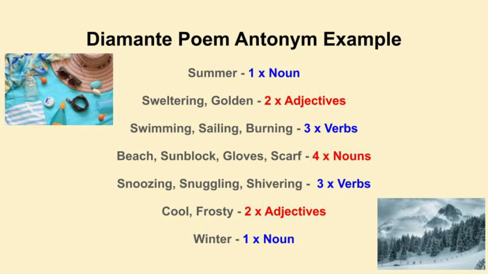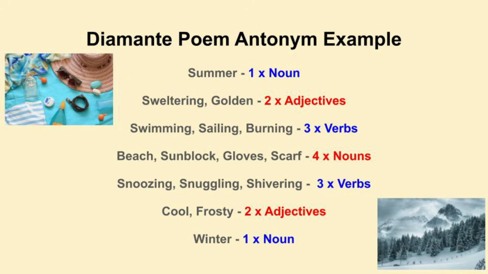For the first one, I have my noun, which is summer. My second one, I have 2 adjectives to describe summer, which are sweltering and golden. Then I have 3 verbs that maybe I would do in summer, which is swimming, sailing, burning. Then in the middle, I have 4 nouns. 2 of them are for summer, 2 of them are for winter.